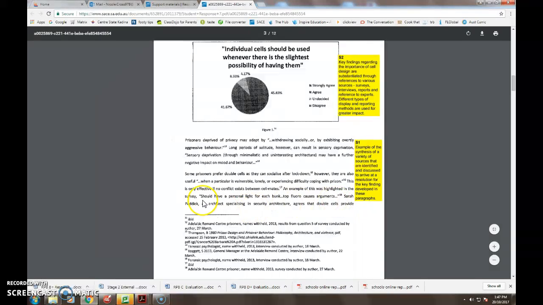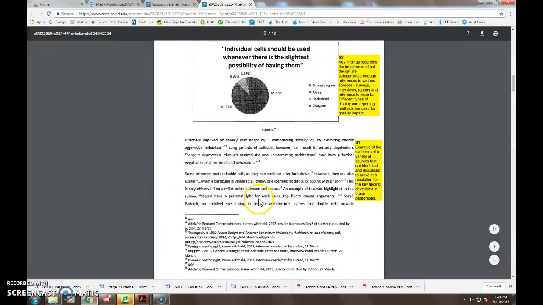Some prisoners prefer double cells so that they can socialise after lockdown. However, they are also useful when a particular prisoner is vulnerable, lonely, or experiencing difficulty coping. This is only effective if no conflict exists between the cellmates. An example of this was highlighted in the survey.